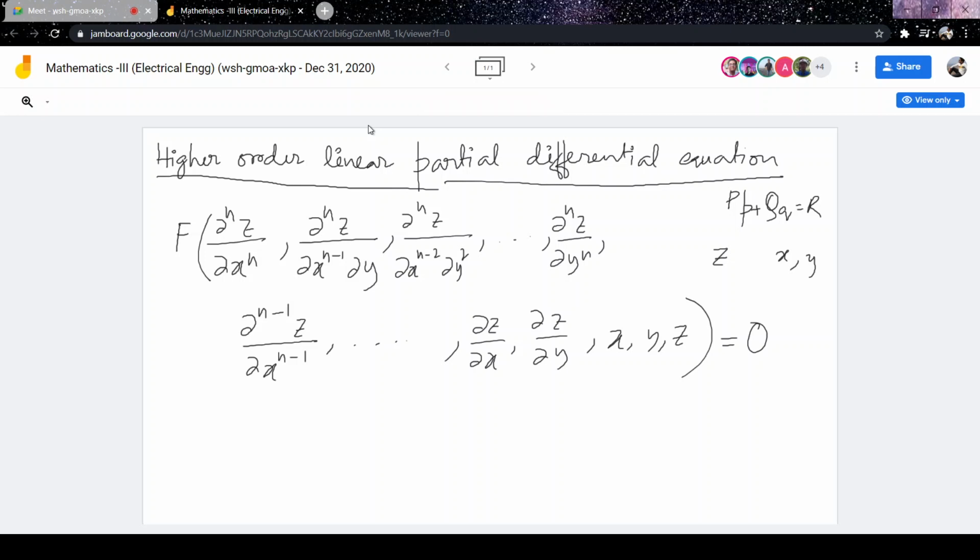We can have so many differentiations of this type. So the relation between all these will be our partial differential equation of nth order general. And now if the degree of these partial derivatives all is only 1, then we will call it a linear.